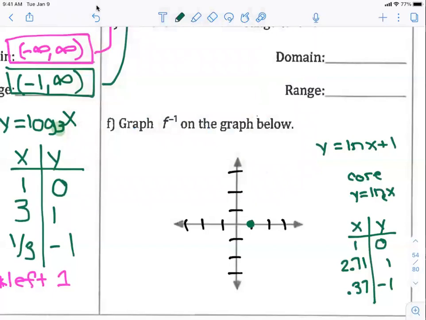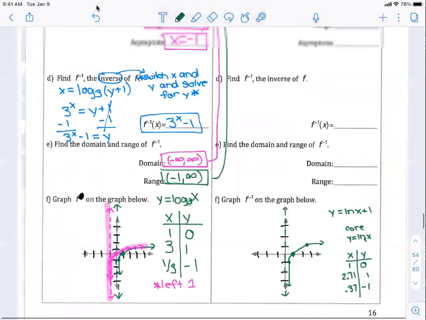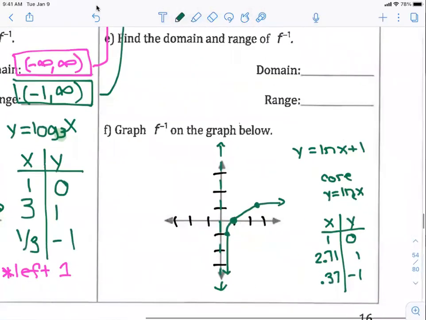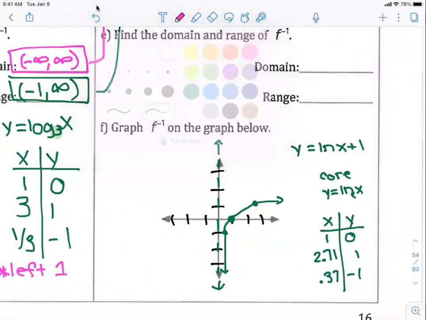And again, it should look kind of like an r. So 1 comma 0, 2.71 comma 1, 0.37, -1. And so it looks kind of like a lowercase r. And that would be the asymptote, except again, because of the +1 here, I'm going to have to go ahead and move everything up 1 because it's outside of the function.